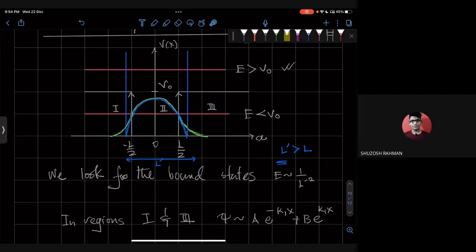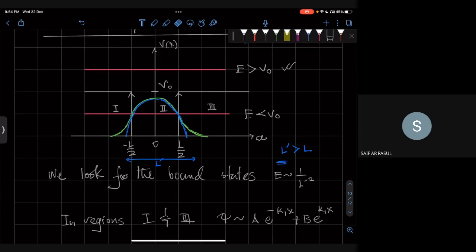Yes, sir. Isn't it because the infinite well is a little longer? I'm confused. I think I didn't do the best job in explaining this. Yes, the infinite well is a bit longer. You're right.